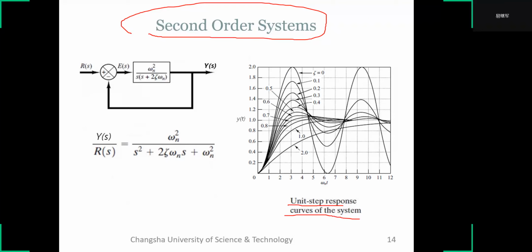From the diagram, we know that with different damping, we can get different response curves. This example has damping ratio equal to 0, 0.1, 0.2, 0.3, 0.4. This is damping ratio equal to 1. This is damping ratio equal to 2.